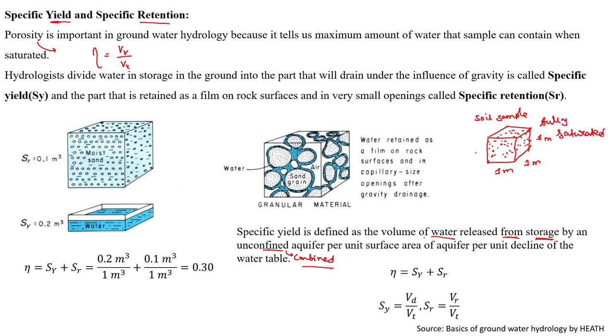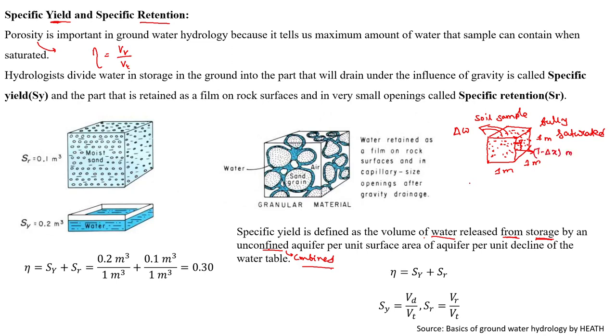What happens? Suppose you have taken some water from this particular soil sample, let's say delta W. Because of this, initially the soil sample is full up to here, and now it has reached only to this level. Initially this is 1 meter, now it would be 1 minus some delta x meters.